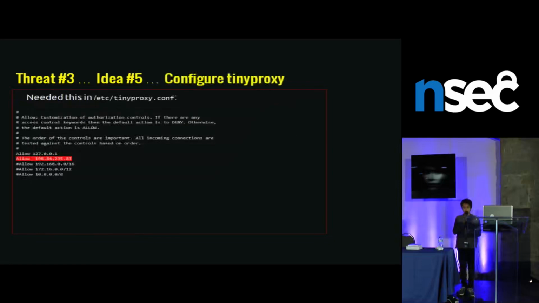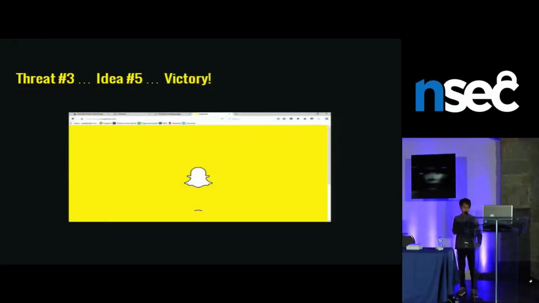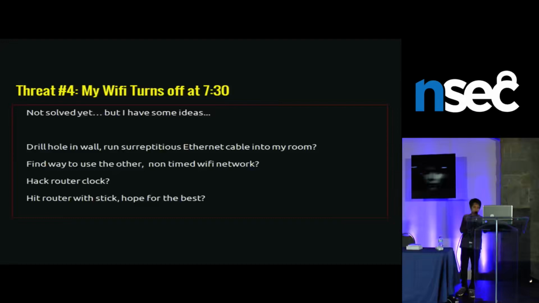So it turned out all I had to do was go into the tinyproxy.conf file and tell it to allow connections from the external IP address of my laptop, the IP address of my NAT gateway. And after that, it worked fine. So 1 point for me, 0 points for Daddy. So, okay, I win that one.